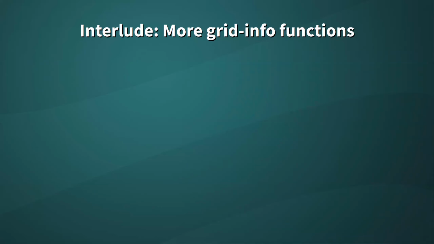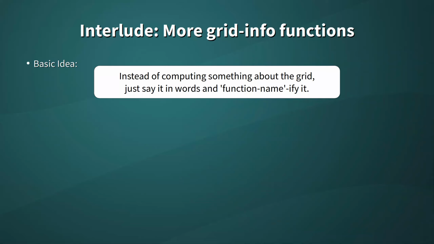So about that grid info business. My basic idea, which also applies to other aspects of CUDA KAT, is that instead of computing something about the grid or your position in the grid, I want to be able to just say it in words, sort of, and then convert the phrase into the name of the function.